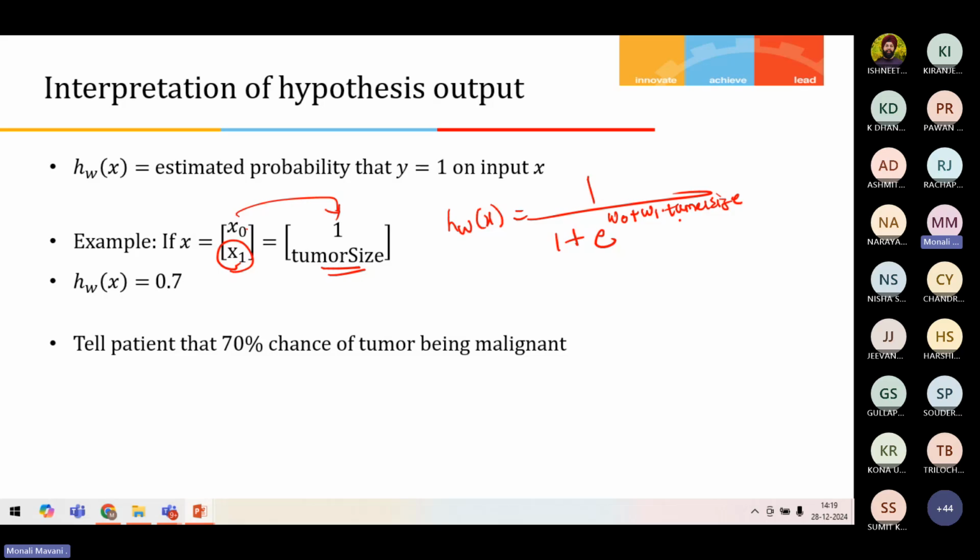Suppose this hypothesis function is giving you an output of 0.7. It is greater than 0.5, so this will be classified as 1: the person is having the tumor. Along with that, we are also getting a probability, a 70% chance that the person is having the tumor. This is how you can interpret the hypothesis output for prediction or decision making.